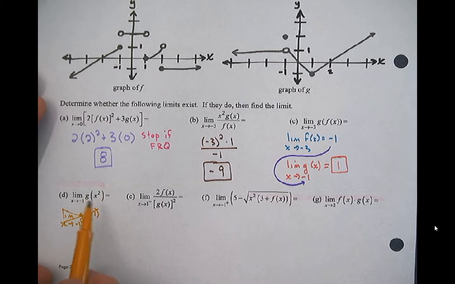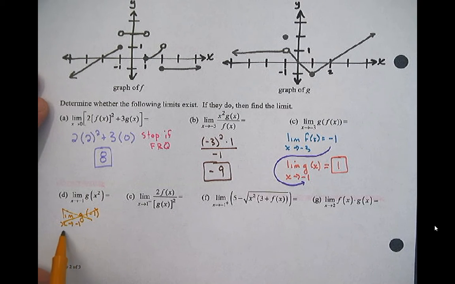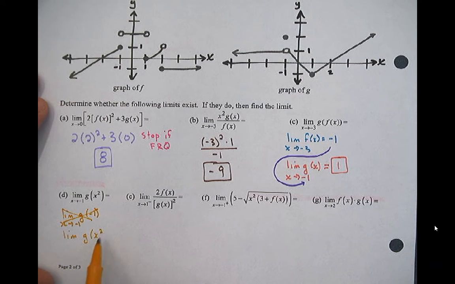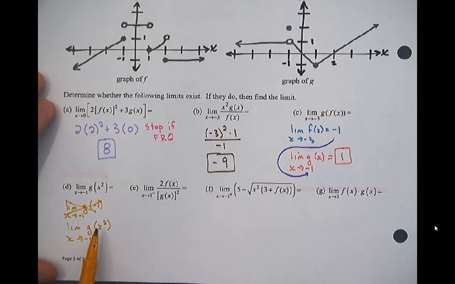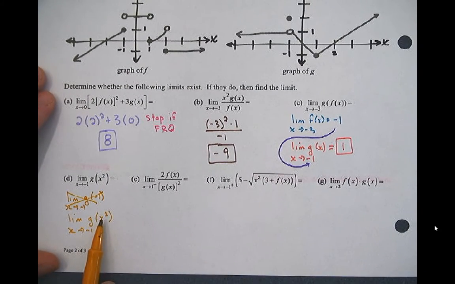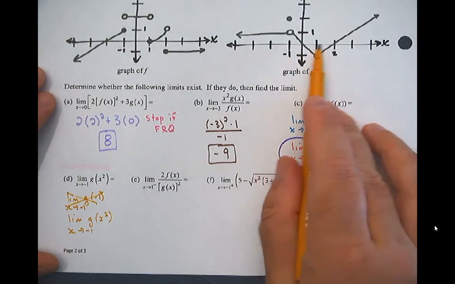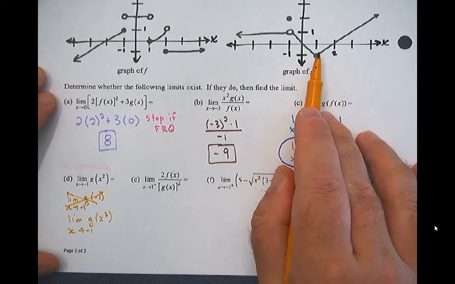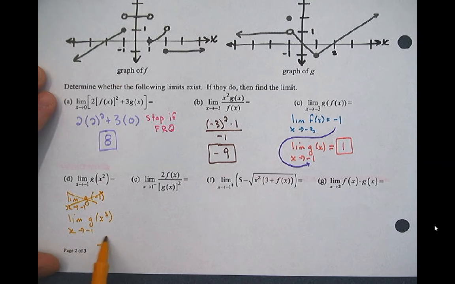I can just direct substitute into this, which means I can just plug -1 right into this. So I would get -1 squared, which turns out to be g of 1. Well, what's g of 1? If I go to 1, g of 1 is -1.